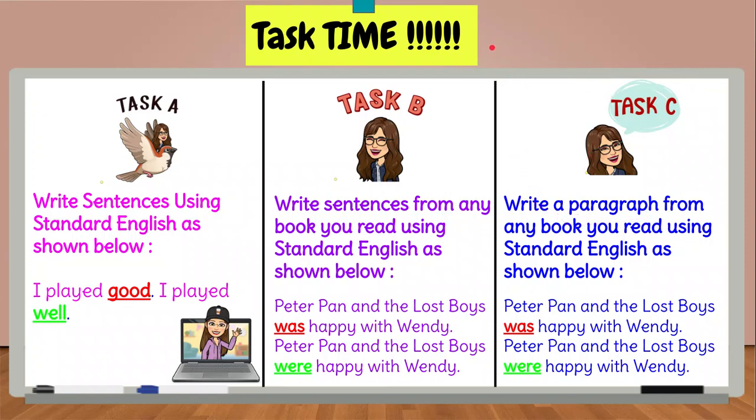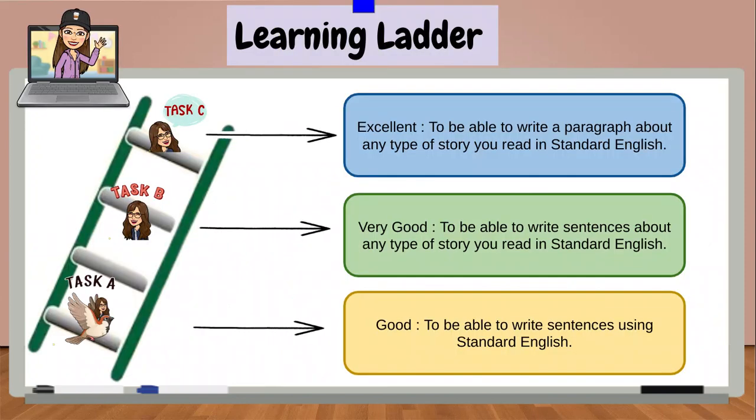Now time to check your learning ladder. When you're done with your task, proceed to the next slide and you will see your own learning ladder. If you have completed task A, then you are good because you are able to write sentences using standard English.